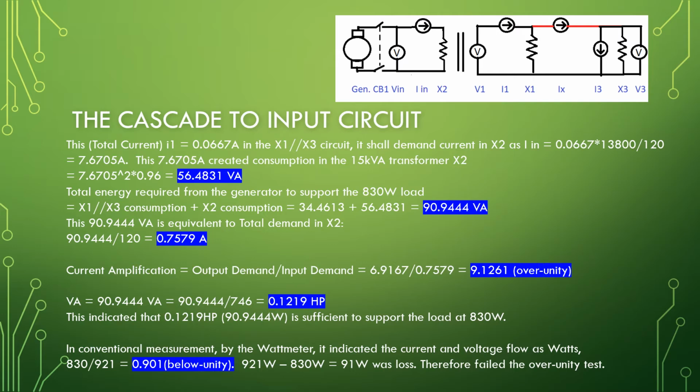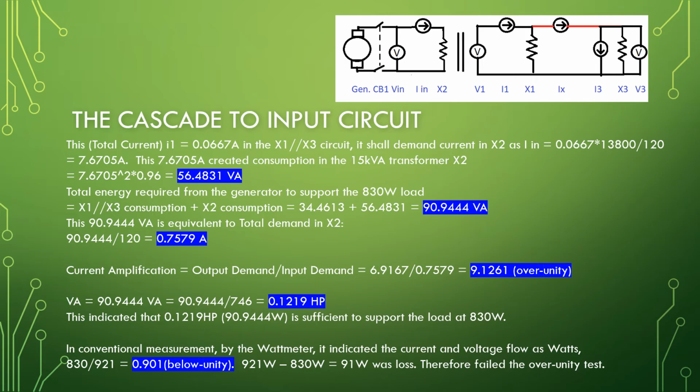VA equal to 90.9444 VA divided by 740 equal to 0.1218 horsepower.